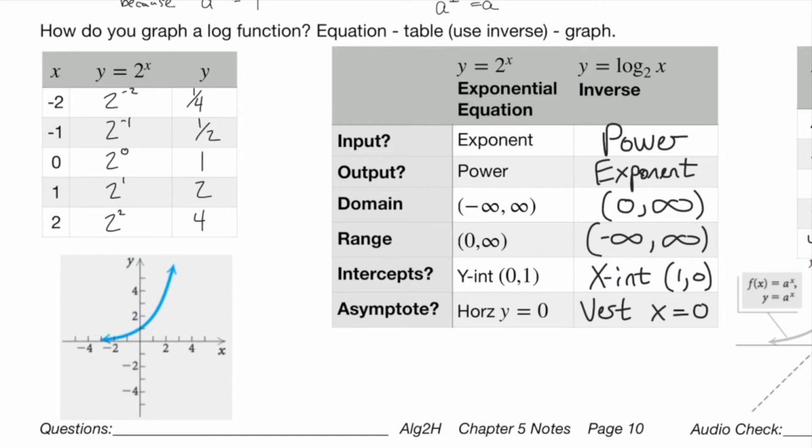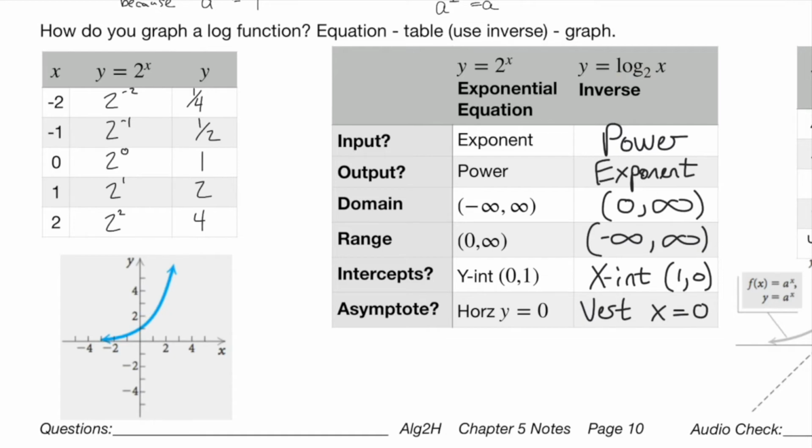A log function has powers as the input, exponents as the output, a domain of 0 to infinity, because the range over here is 0 to infinity, and a range of negative infinity to positive infinity, because the domain for its inverse would be here. And then the exponential equation's y-intercept was 0, 1, so therefore the x-intercept would be 1, 0 for the inverse here.